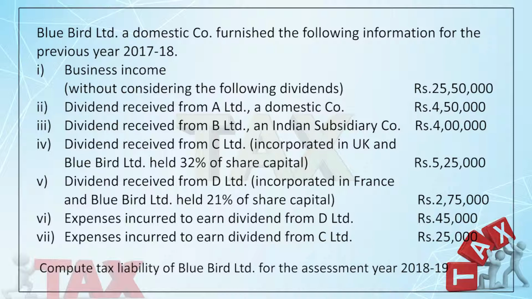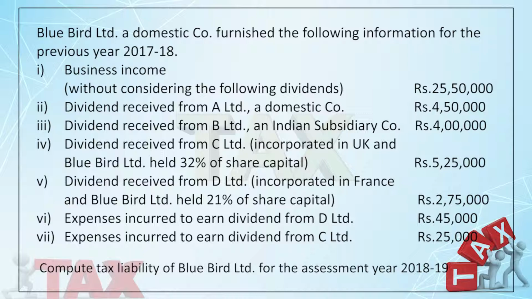Dividend received from C Limited, incorporated in UK, and Bluebird Limited held 32% of share capital. Dividend received from D Limited, incorporated in France, and Bluebird Limited held 20% of share capital. Expenses incurred to earn the dividend from D Limited, rupees 45,000, and expenses incurred to earn the dividend from C Limited, 25,000.